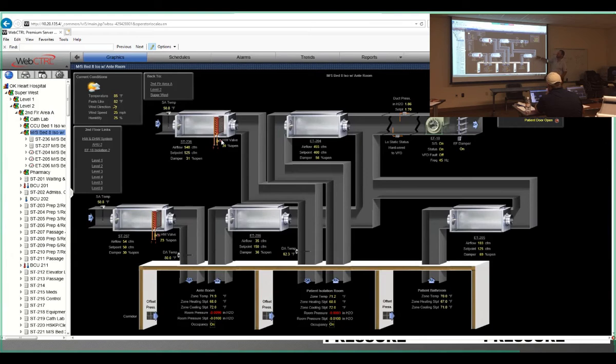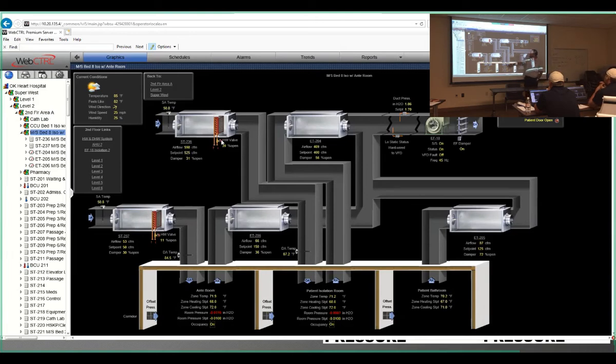Notice this, we've got 3 exhaust terminals. Again, these are exhaust terminal VAVs. This one here is just maintaining a set point because it's for the patient room bathroom. It's just trying to maintain the exhaust needed to exhaust the restroom all the time at 125 CFM.